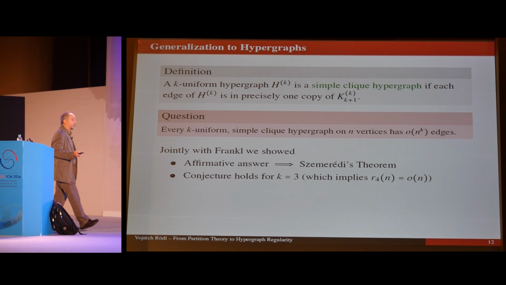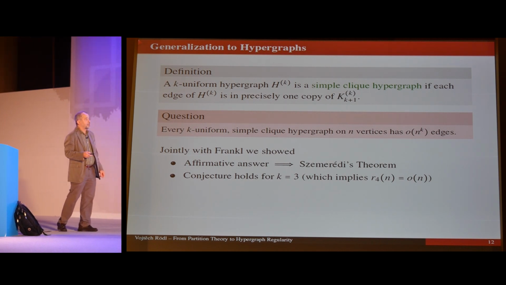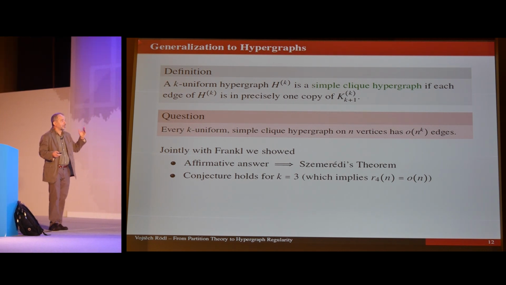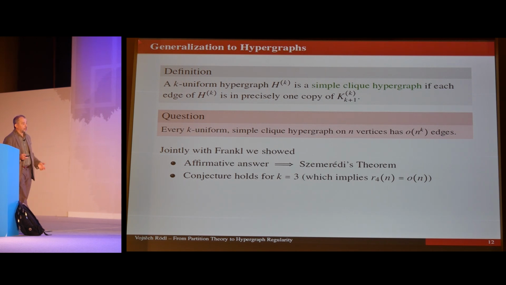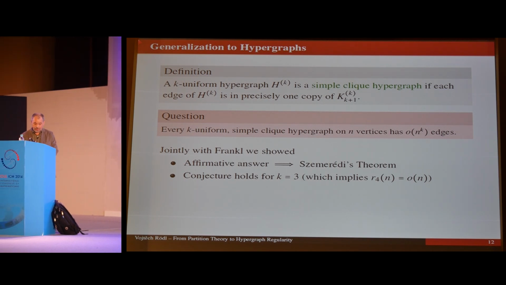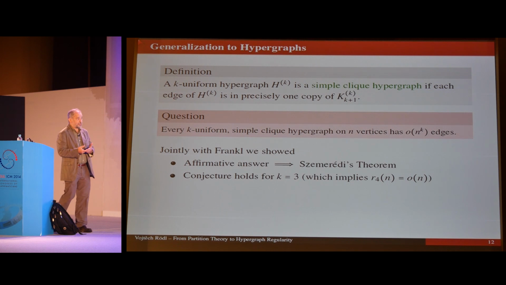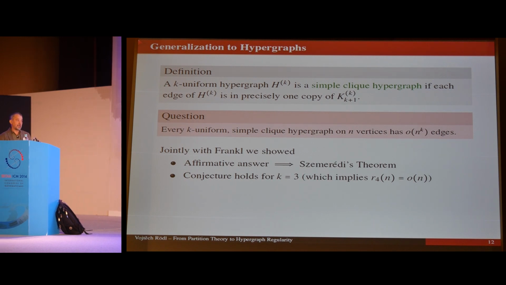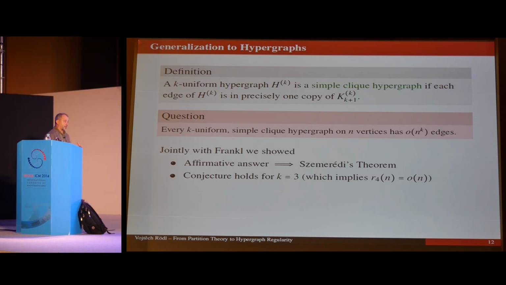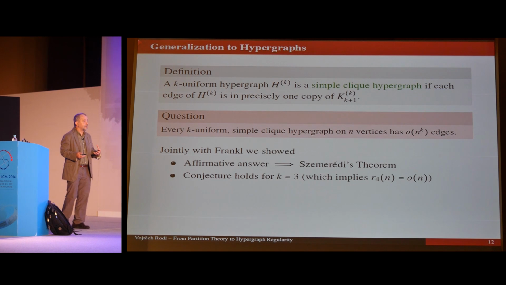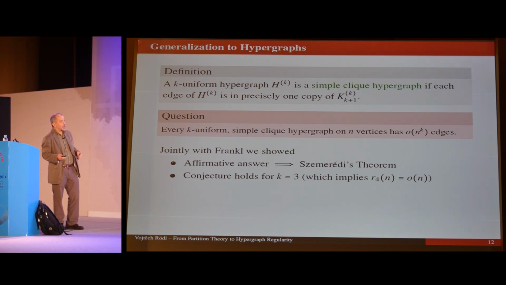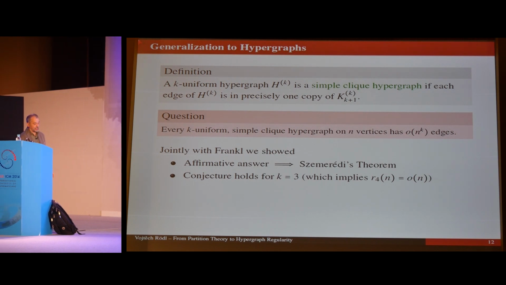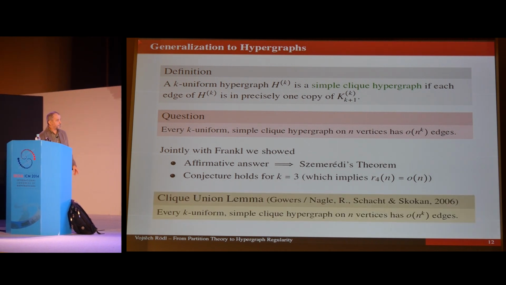And also, we were able to establish the conjecture, or that question, for k equal to 3, which implies Szemerédi's theorem for arithmetic progressions of length 4. So similarly, as Ruzsa and Szemerédi proved the result for graphs, giving a result about arithmetic progressions of length 3, this proof for k equal to 3 gives the result for arithmetic progressions of length 4.